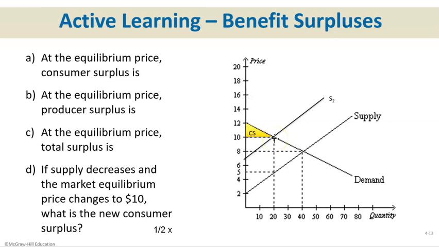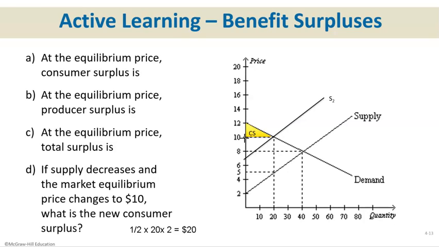So the base is 20. Multiply by the height, and the height is the distance between here and here. So the distance between 12 and 10 is 2. Okay, and then just throw it in your calculator and see what you get. So $20 is our new consumer surplus.